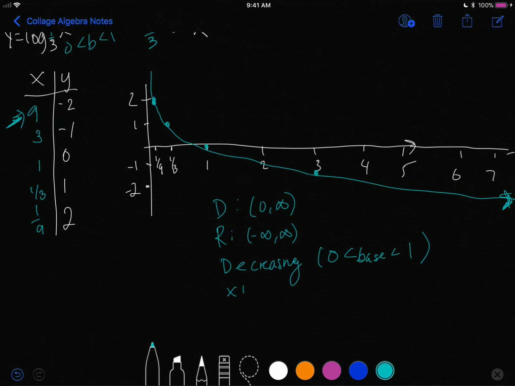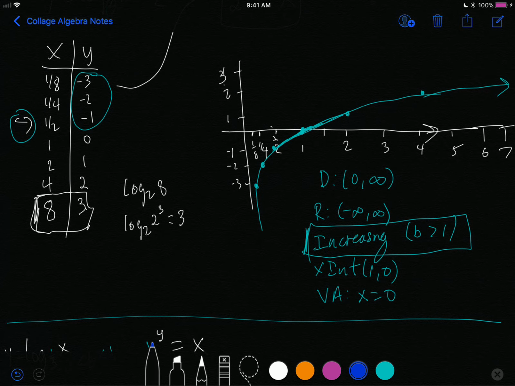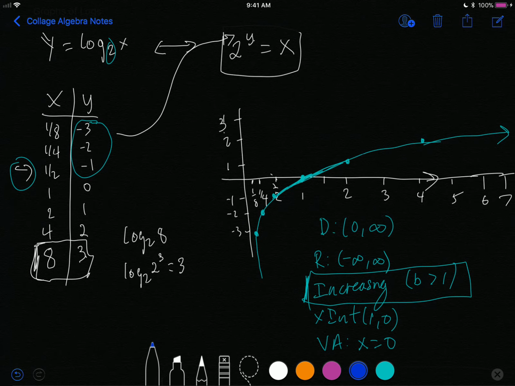The x-intercept is 1 comma 0, and the vertical asymptote is at x equals 0. That's it. Notice that all the properties are the same except this one right here, when you're comparing this graph to this graph. And the difference is obviously in the base.